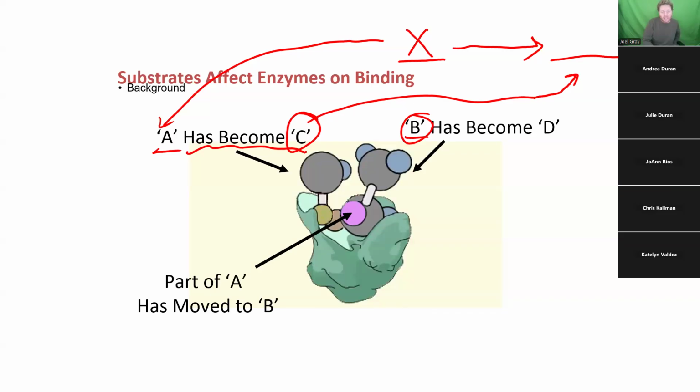And now B has undergone a change where it's taken on that magenta ball and it is now D, or a product. Part of substrate A has moved on to substrate B. And in the process, we've made two products. Okay. Does everyone follow that? Can I get a thumbs up or a yeah, sounds good, or an emoji? Okay. Nice. Great job, everyone.